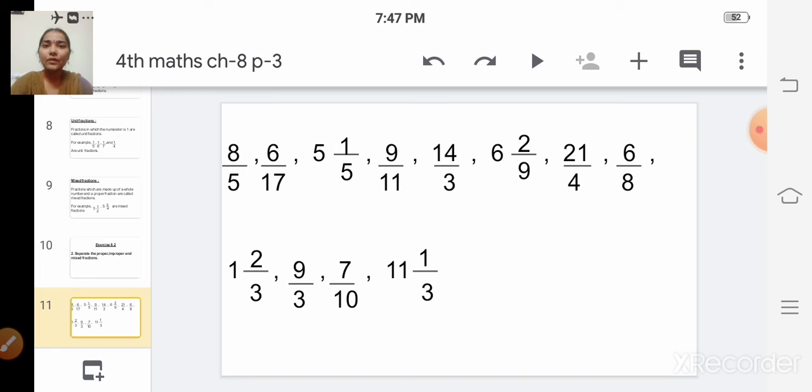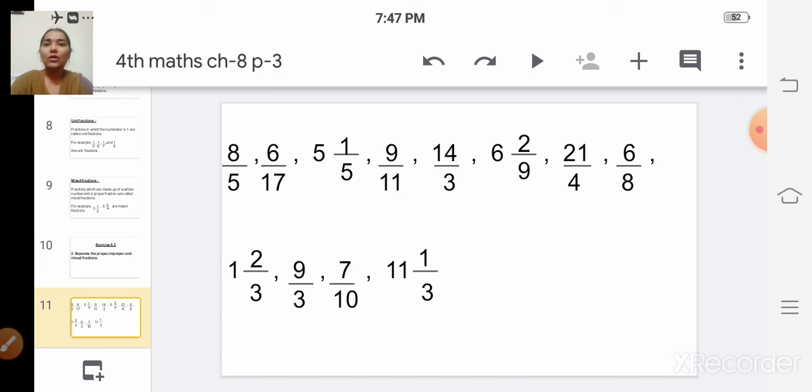What do you mean by proper fractions? The numerator is less than the denominator. If the numerator is less than the denominator, then it is a proper fraction. If the numerator is greater than the denominator, then it is an improper fraction.